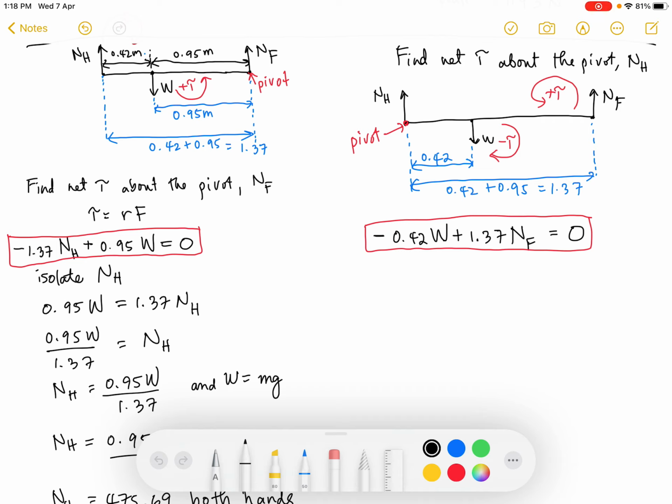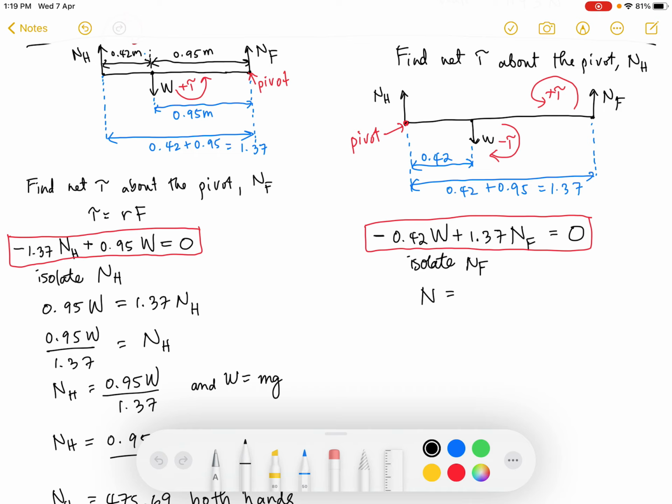All right, so moving on and solving for NF. We isolate NF by subtracting NF on both sides and multiplying by negative.